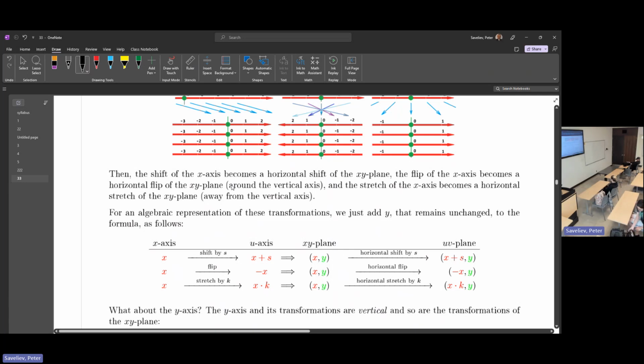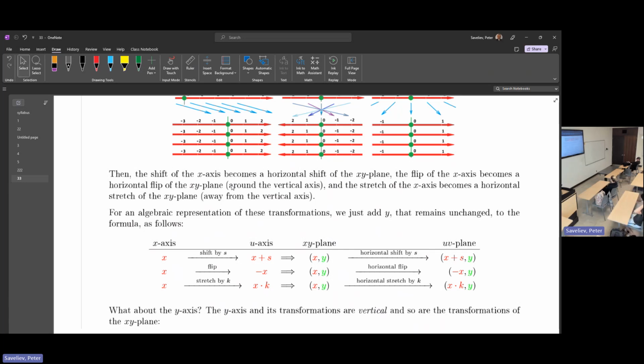So the end result is that every point (x, y) becomes (x plus s, y). That's how we described a horizontal shift of the plane. As you can see, it's twice as much work, but nonetheless it's very compact.